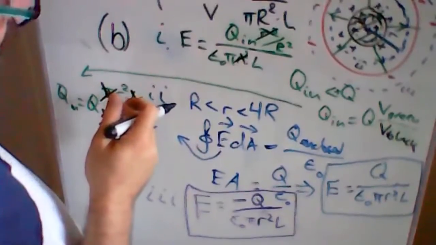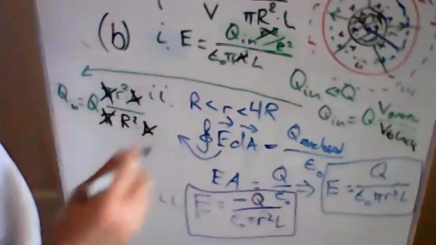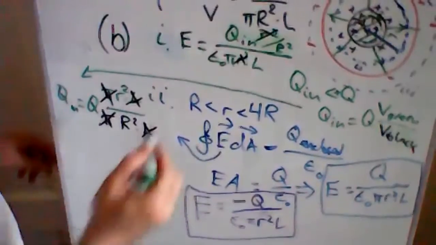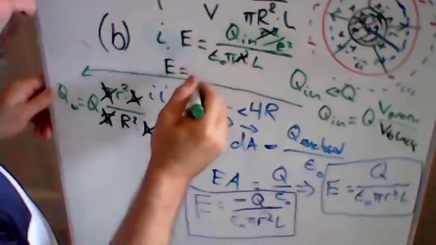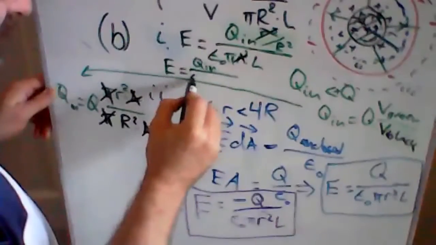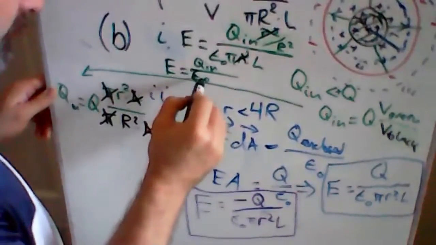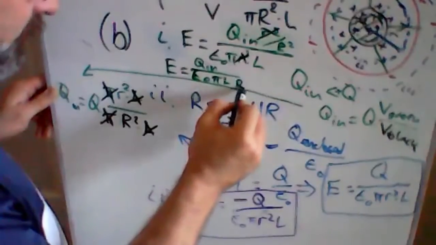That's the electric field. Q enclosed over, and R squared pops to the bottom. If we write that out, E in that zone is equal to Q on top, and on the bottom we've got epsilon naught pi L, and then an R squared as well.